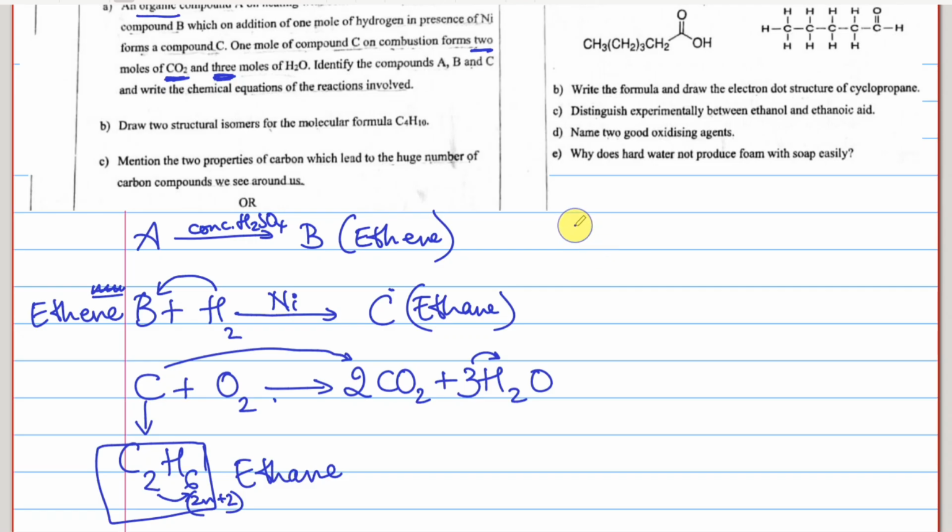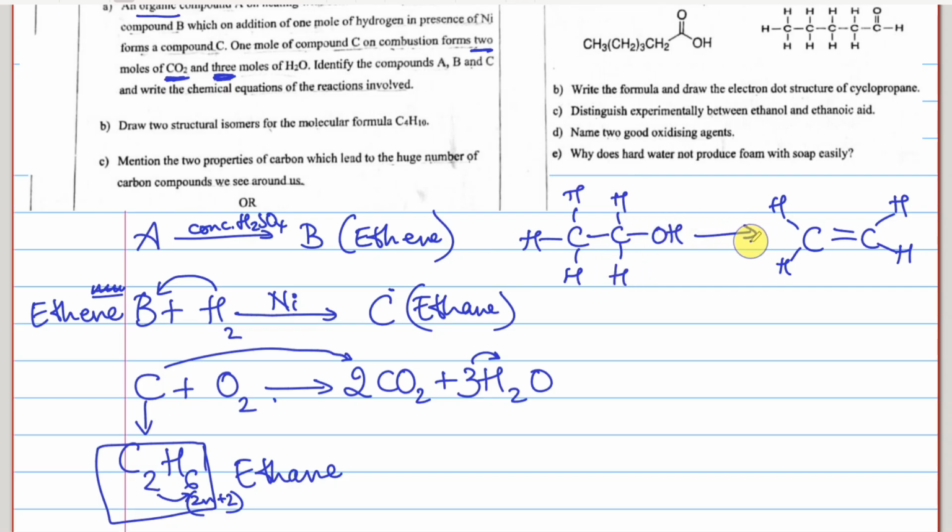No, ethanol. It is formed from ethanol. Let us write the molecular formula of ethene. Ethene is C double bond C with two H's on either side, right? What is the molecular formula of ethanol? C H H H C H H and OH, right?